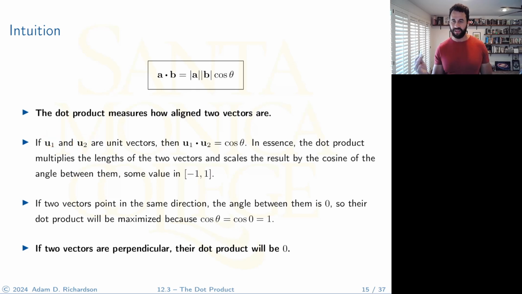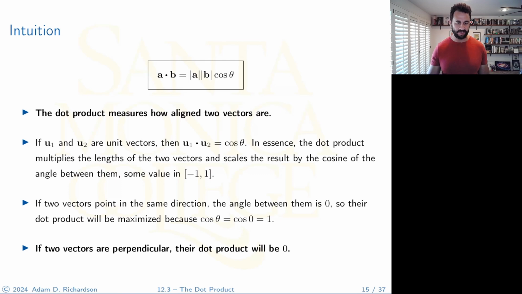Well, because their length is 1, this formula just reduces down to cosine theta. So what this means is that u1 dot u2 is equal to cosine theta. So in essence, what the dot product is doing is it's taking the lengths of the two vectors and scaling the result by the cosine of the angle between them, which is always some value in between -1 and 1.